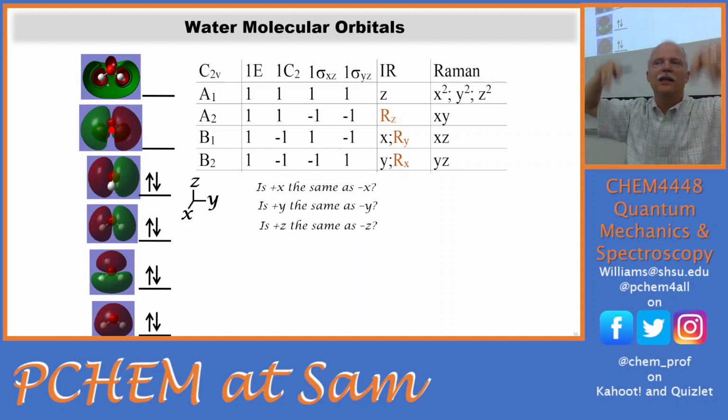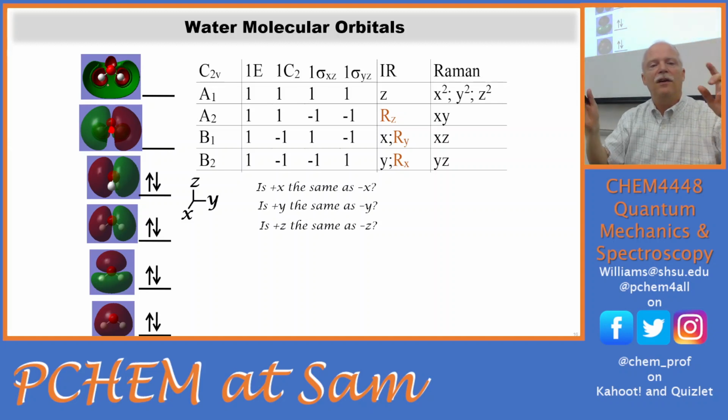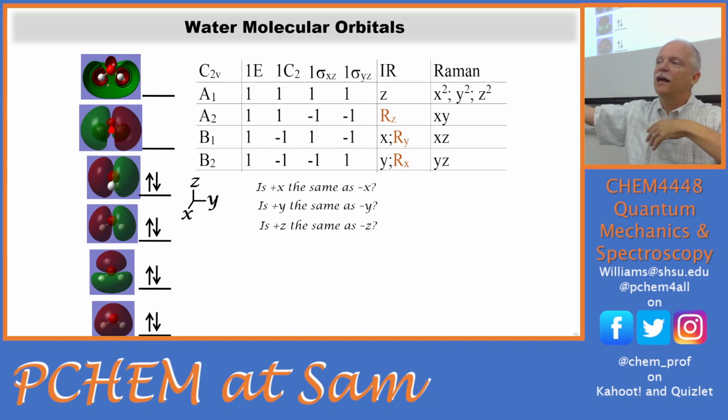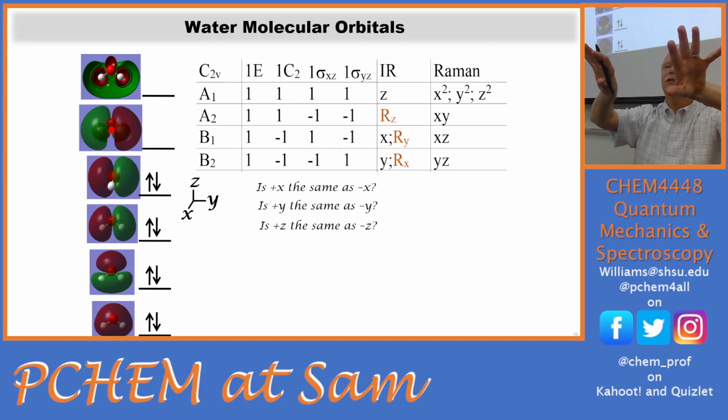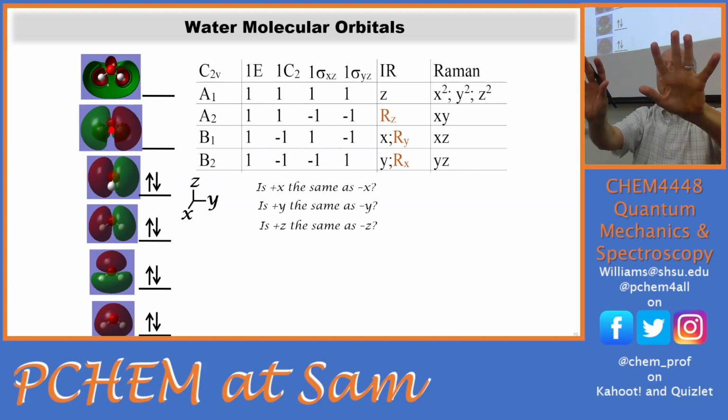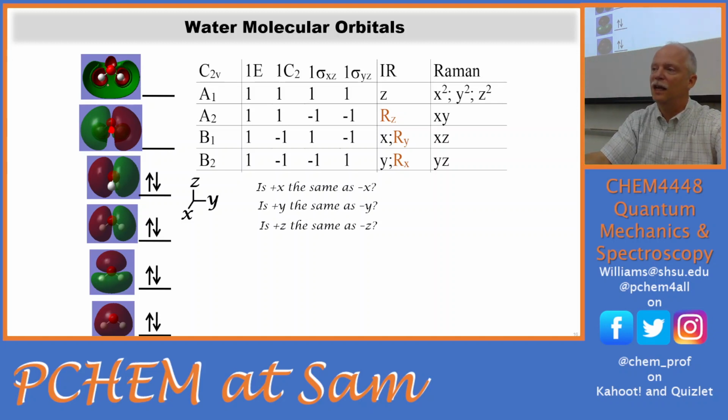There really is no change along Z. If I look left and right in terms of Y, I look left and I see green, I look right and I see red. So there was a change in the Y direction. And I look in the X direction, I look forward, I see a split with green and red on either side, and I look back and I see the same thing, so there's no change along X.